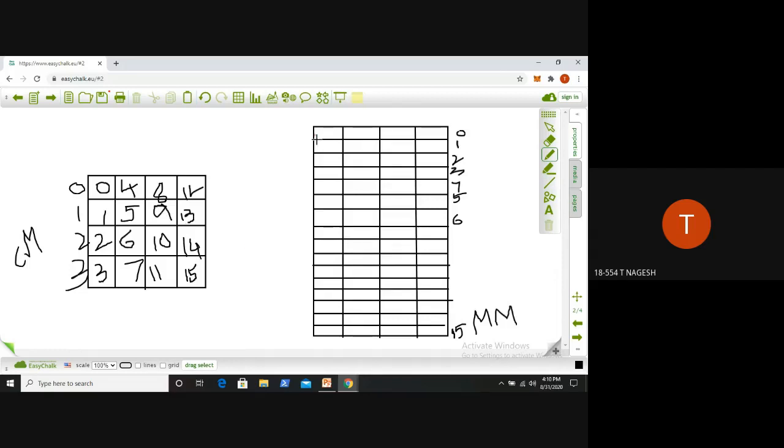So this is how the mapping happens between the cache memory and the main memory.